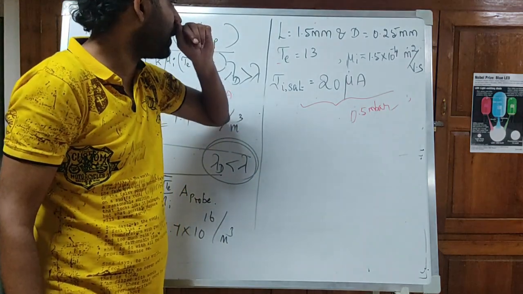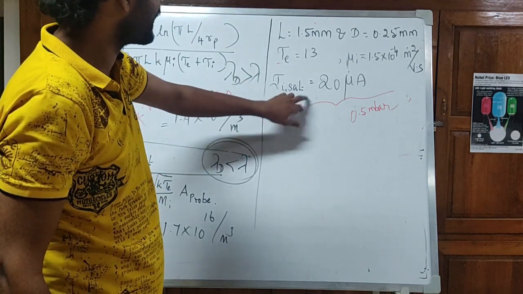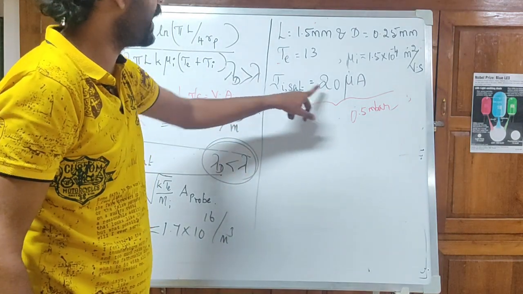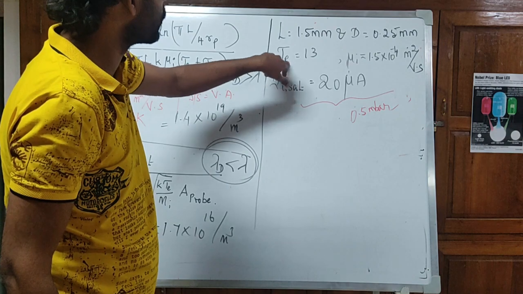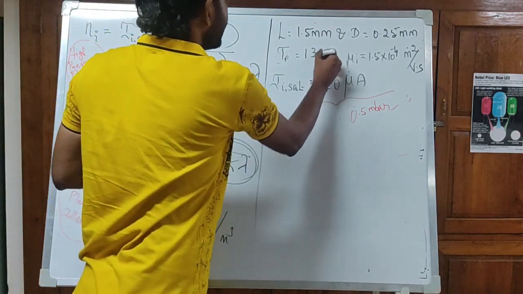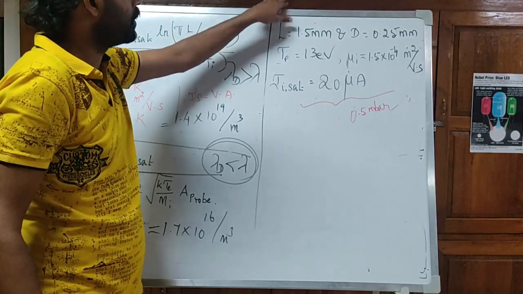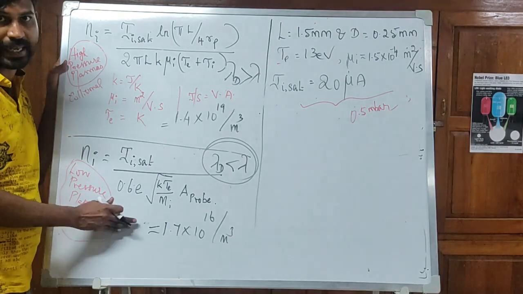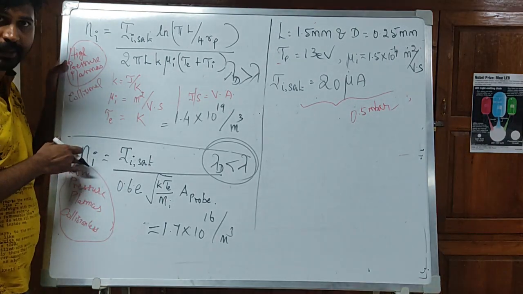While taking the IV curve, we had a 20 microampere ion saturation current, and the electron temperature was found to be 13 eV. Now, these values were plugged into this collisionless probe theory equation to estimate Ni.